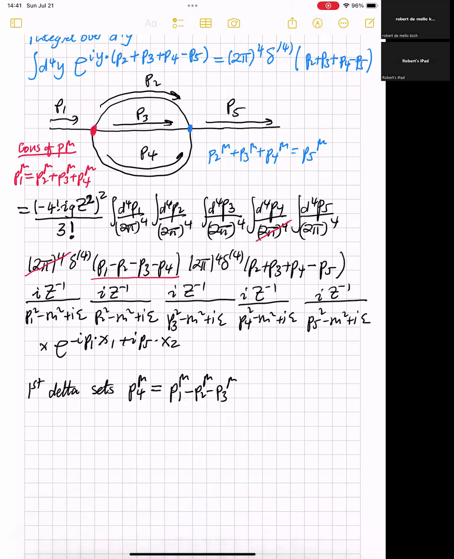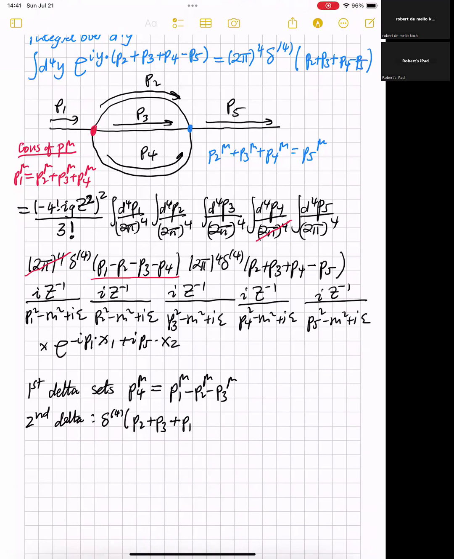Then we're going to use the second delta. And what does it become? The second delta becomes delta 4. It'll be P2 plus P3, then plus P4, but we know what P4 is.